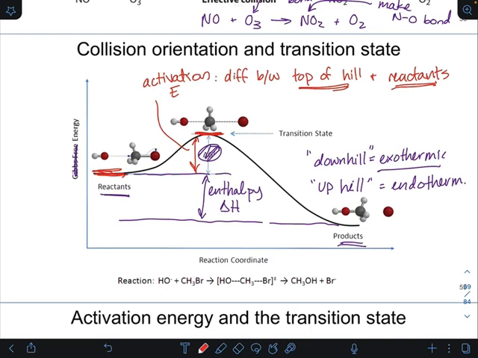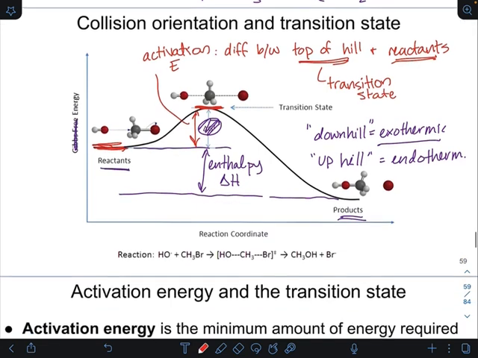And at the top of the hill, the orientation of the molecules is called the transition state. And if you understand the transition state and you can lower the energy of the transition state, you would end up lowering the activation energy. And while that might seem like a simple idea, the scientist who, forget their name, actually won a Nobel Prize for this kind of theory and proposing this. So it's a pretty big deal.